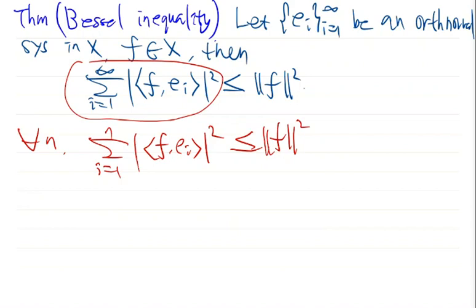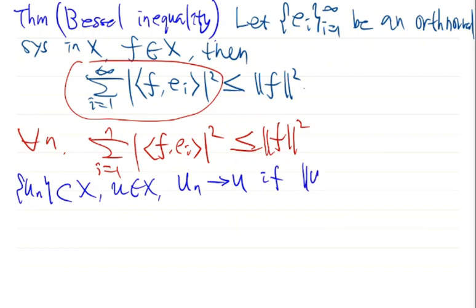And now we introduce some geometric notation. Suppose Un is a sequence in X, and U is a point in X. As in Euclidean space, we can define that Un converges to U if the distance from Un to U goes to 0.